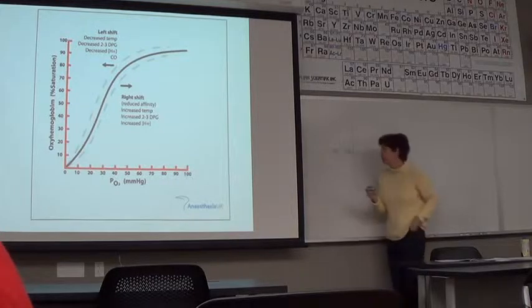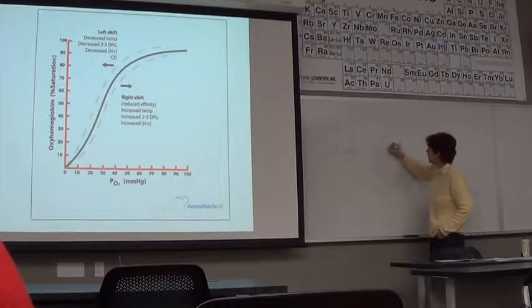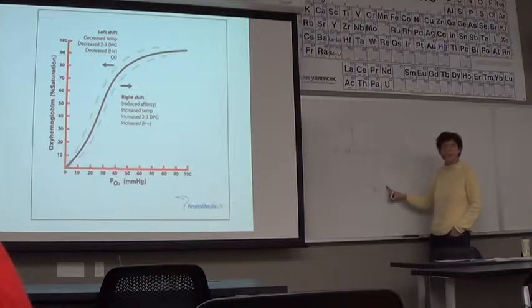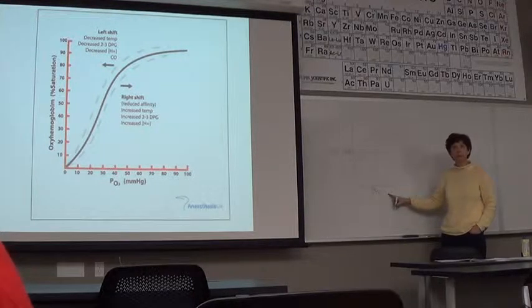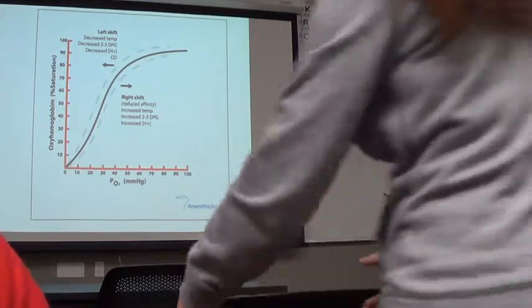Those numbers you don't have to memorize. But as we shift our curve to the right, what are we doing to the value of PO2? Are we adding more oxygen molecules? Are we at a level now of more oxygen molecules in the blood or less?